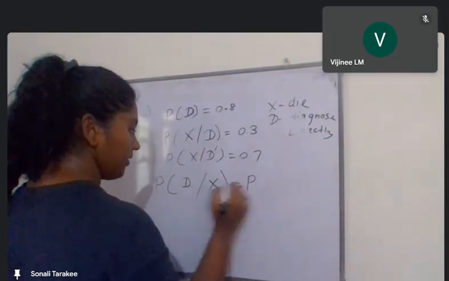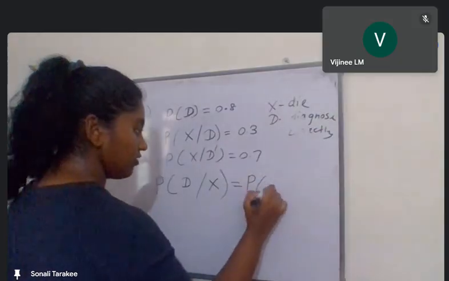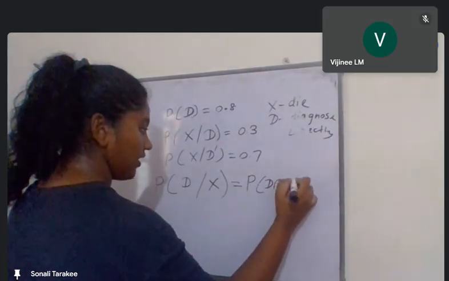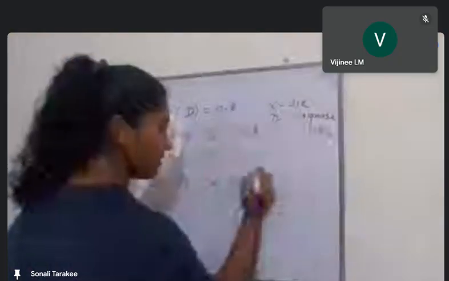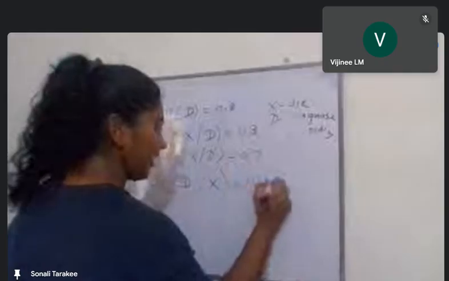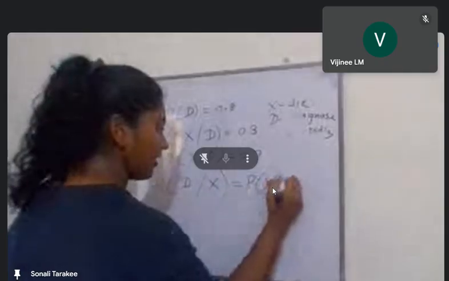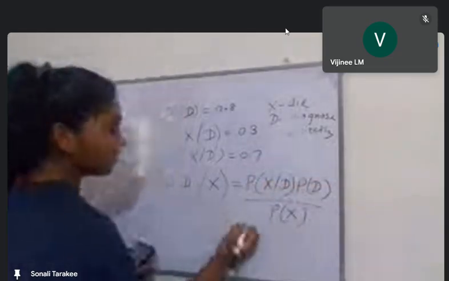How do you do this? P(D given X), no? So P(D intersect X). No, not this one. P(X given D) P(D) is Bayes' theorem.